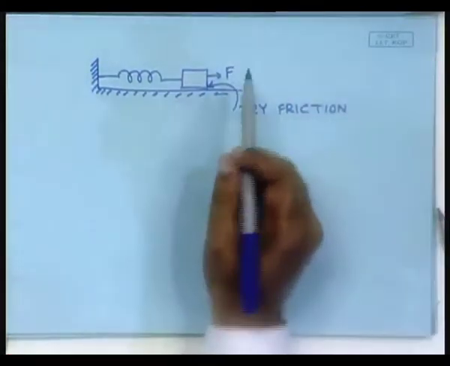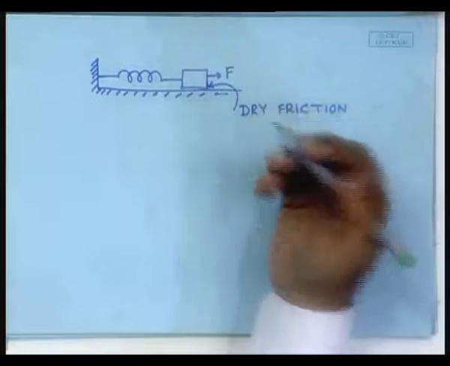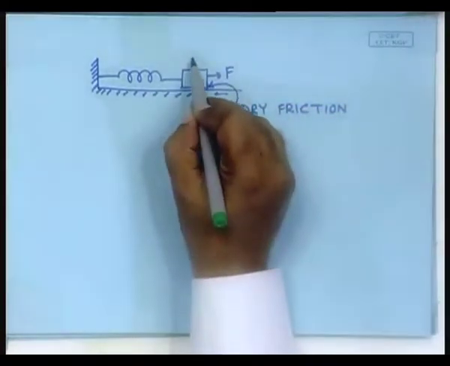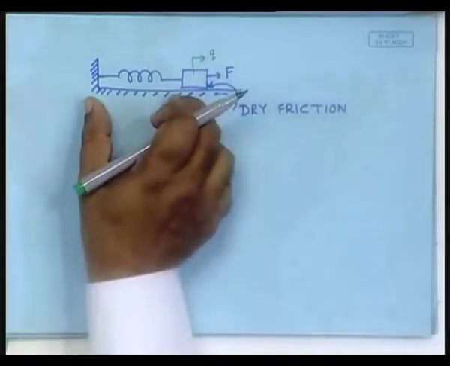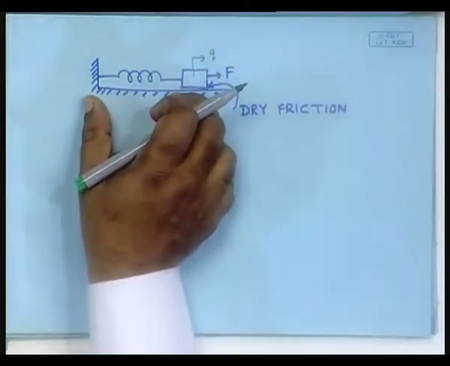Again, in this case, the convenient definition of the state variable would be Q, where Q is measured from the unstretched position of the spring. That will be convenient, right.